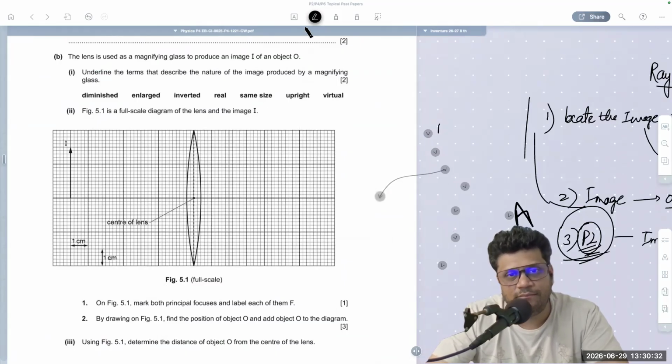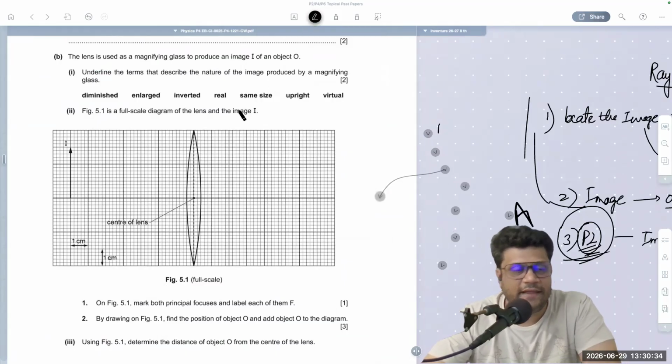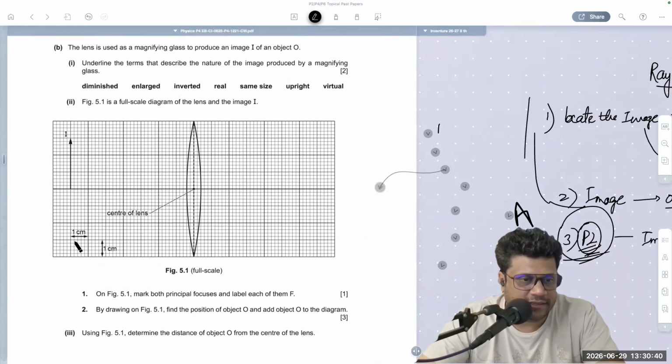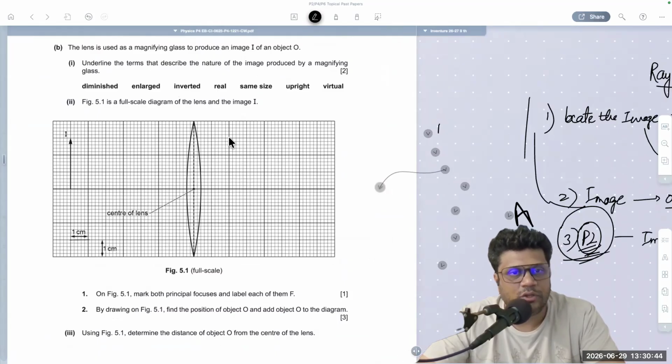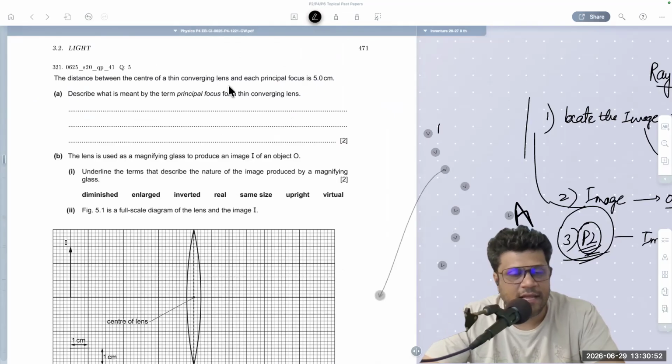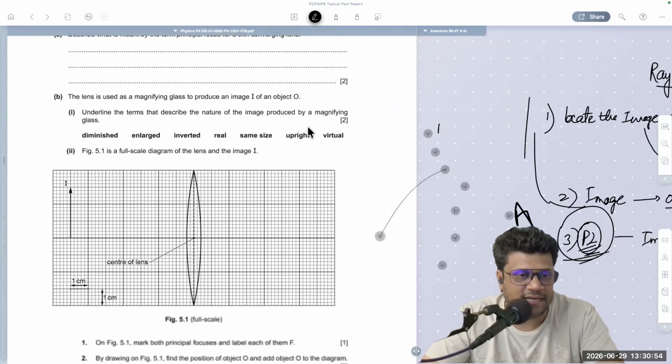This is also a very important kind of question. They give you a grid and they mark the position, so you're going to have to literally measure. They're saying that one square here is 1 centimeter. Let's see if they've mentioned anything. Yeah, they say that the principal focus is 5 centimeters.